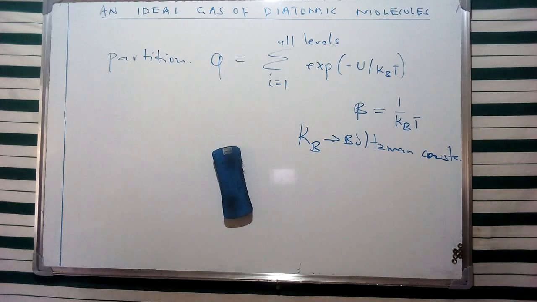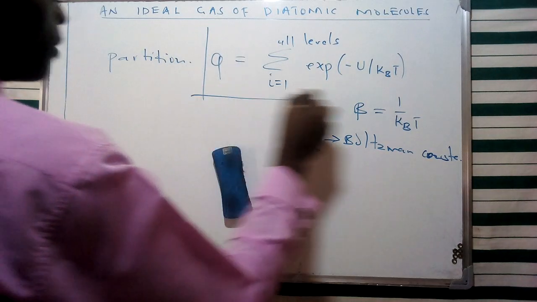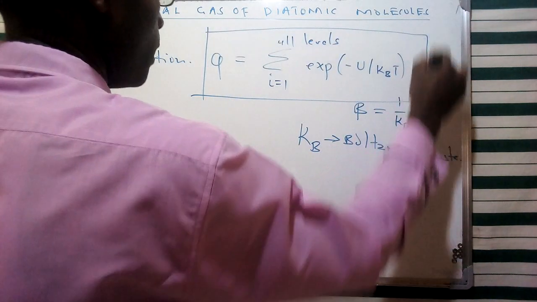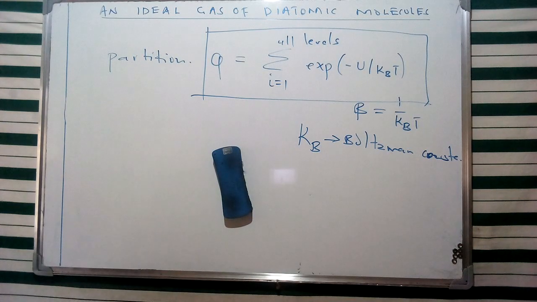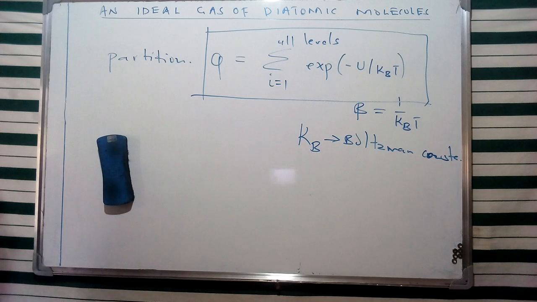Now, this partition function is going to assist us in describing the various properties of a diatomic molecule, and we're going to see how they differ from the case of a monoatomic molecule.